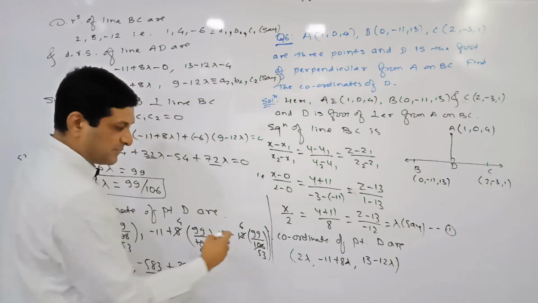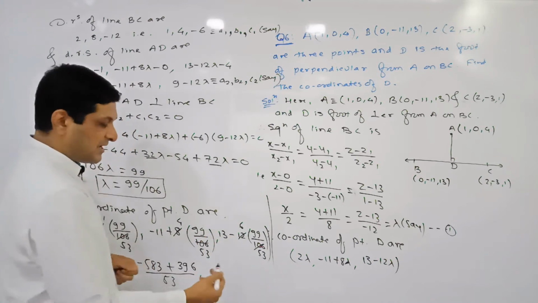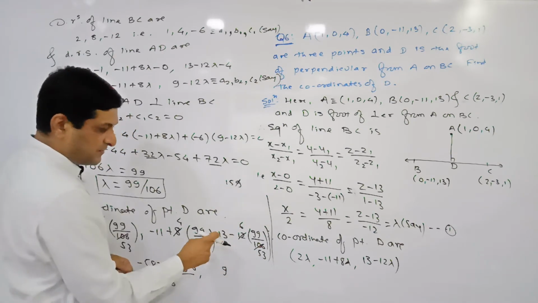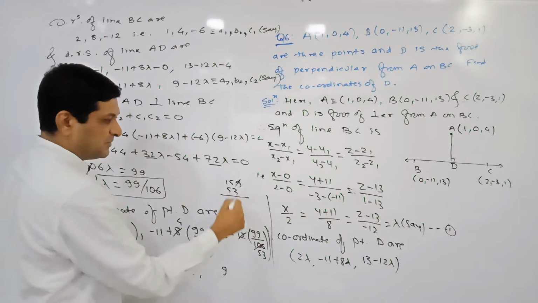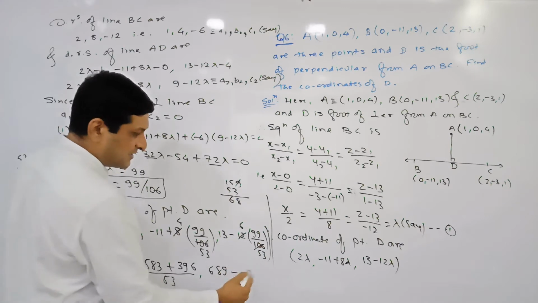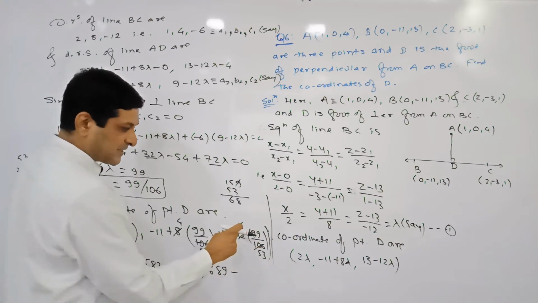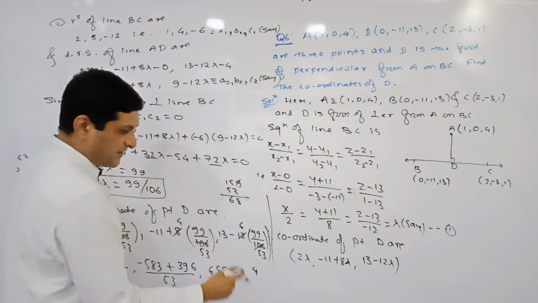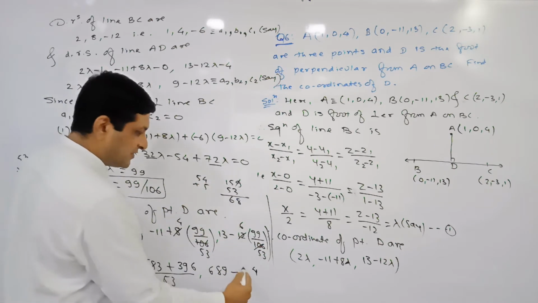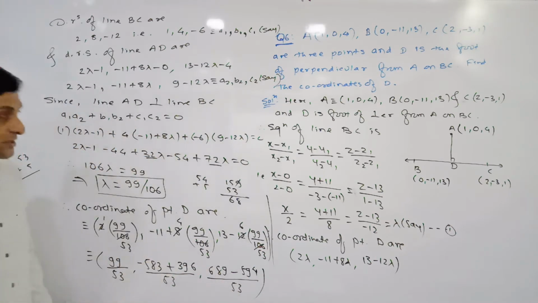Now we take cross multiplication. 53 3s are 159, so write down 9, carry 15. 53 ones are 53 plus 15 is 68, so we get 89 minus, now multiply 6 by 99: 6 9s are 54, carry 5, 54 plus carry 5 is 59, divided by 53. The remaining part is the simplification. Let us simplify it.